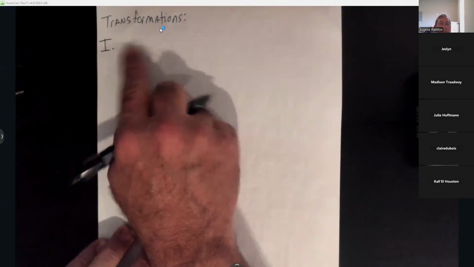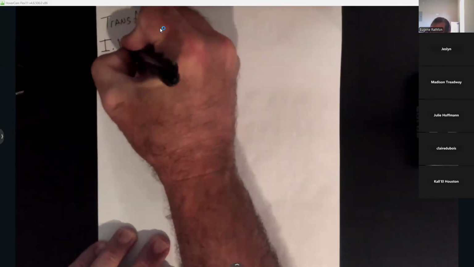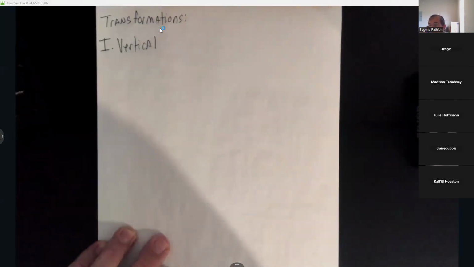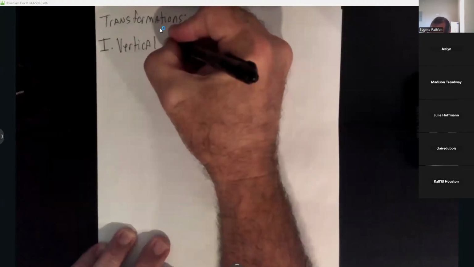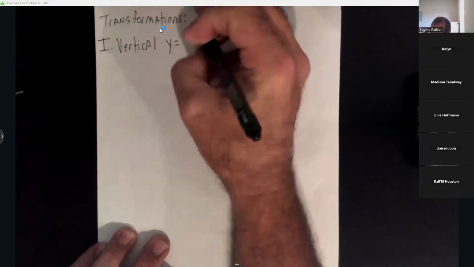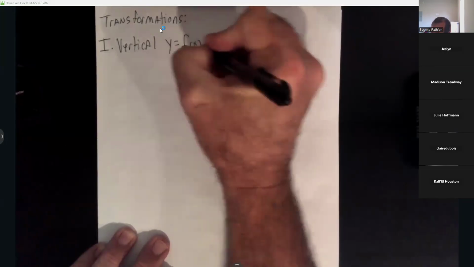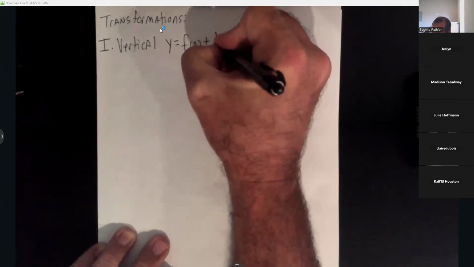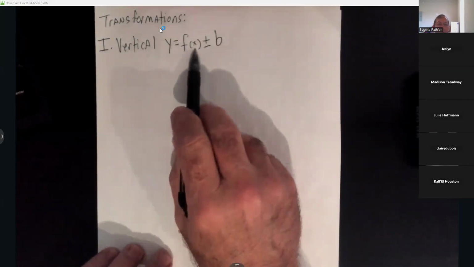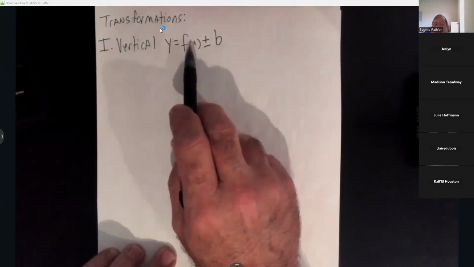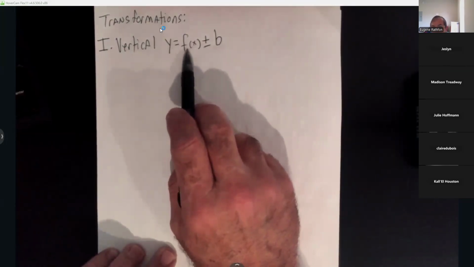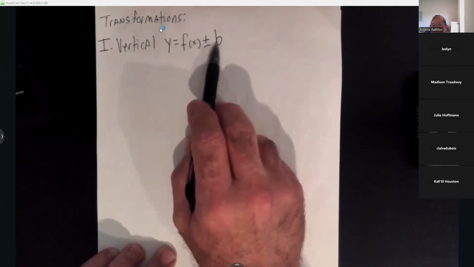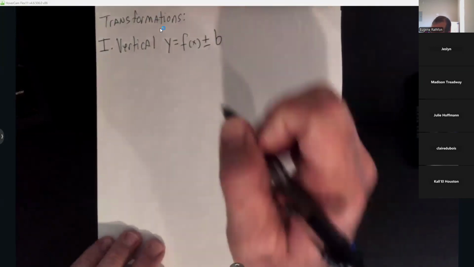All right, y'all, transformations. The first one is a vertical shift. Vertical means up and down, okay? So it'll be y equals f of x plus or minus b. So f of x would be the function like the x graph, the x squared graph, the x cubed, or whatever. So what we're doing is adding a number or subtracting a number from the end of the function.